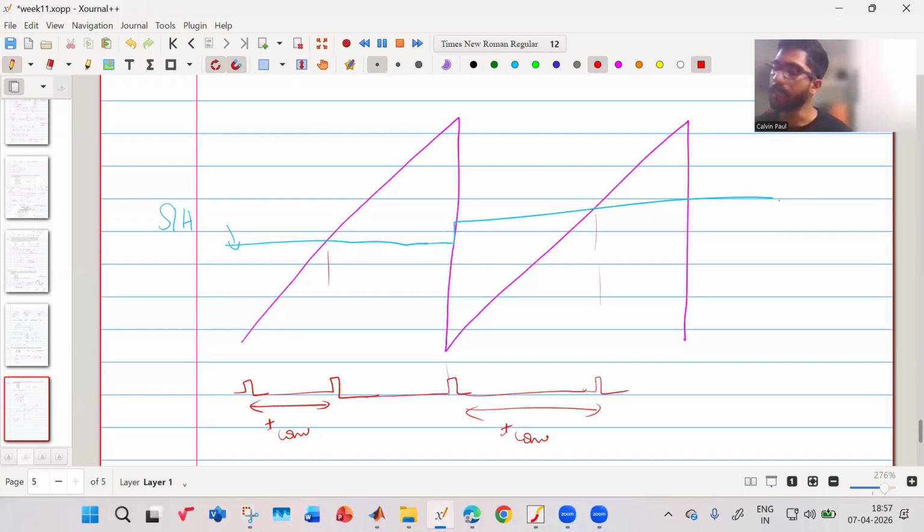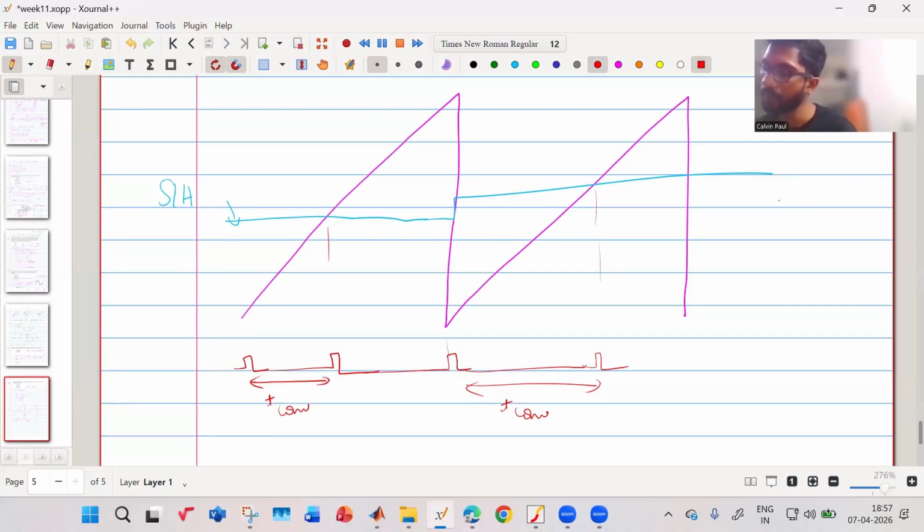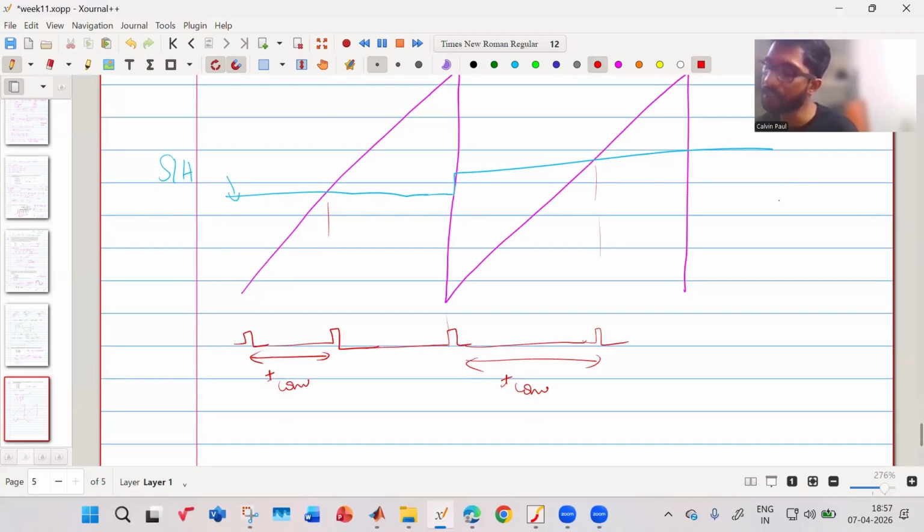Now you have to measure this time. At the start, all the bits are 0, 0, 0, 0, 0, 0, 0, 0. There will be a very high frequency F clock.